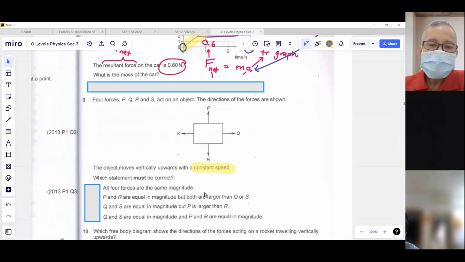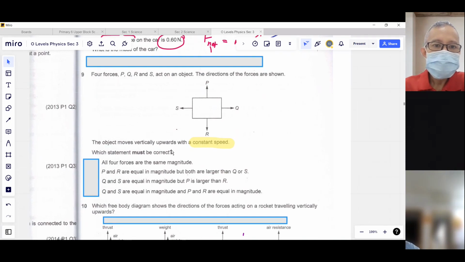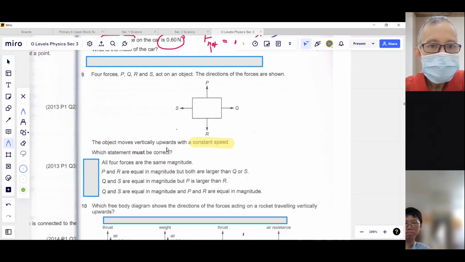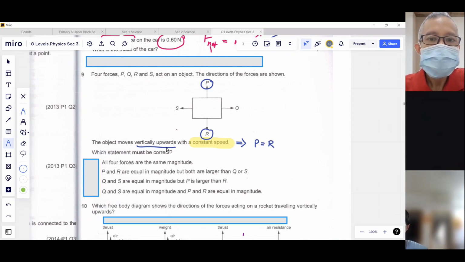Okay, number 9, as I said, moves vertically at constant speed. Vertically upwards, constant speed. So immediately you know that P and R are the same. Constant speed means 0 acceleration. Okay, David, you figured it out? You did, huh? Okay, what else? Look carefully. It's moving vertically only, no? Is it moving horizontally to the left?